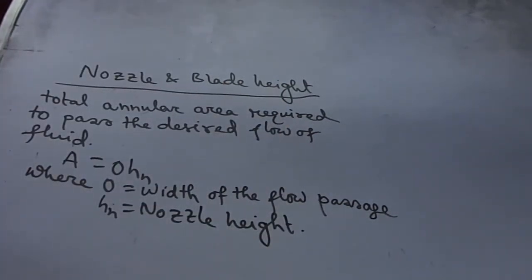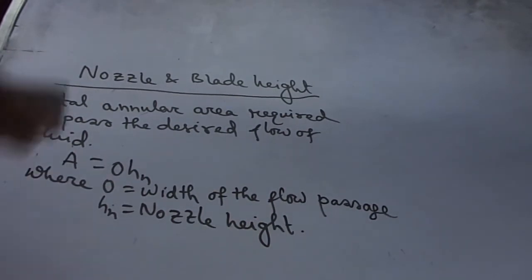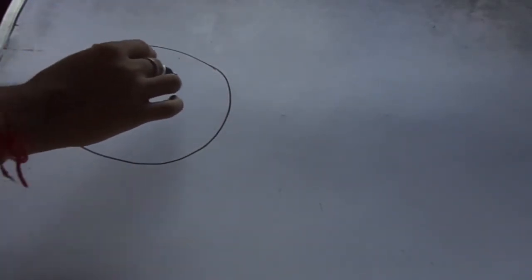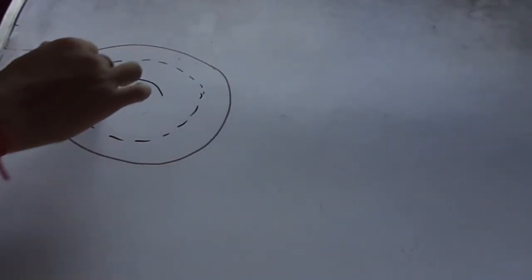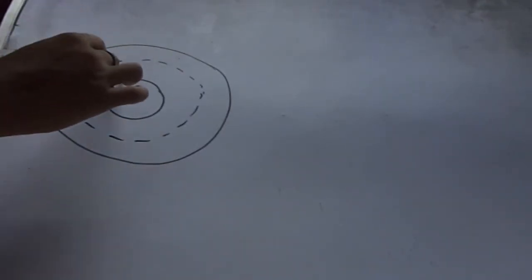If you draw the diagram of flow through a nozzle passage, one is the outer, another one is the inner, with a dotted line and a connection like that.